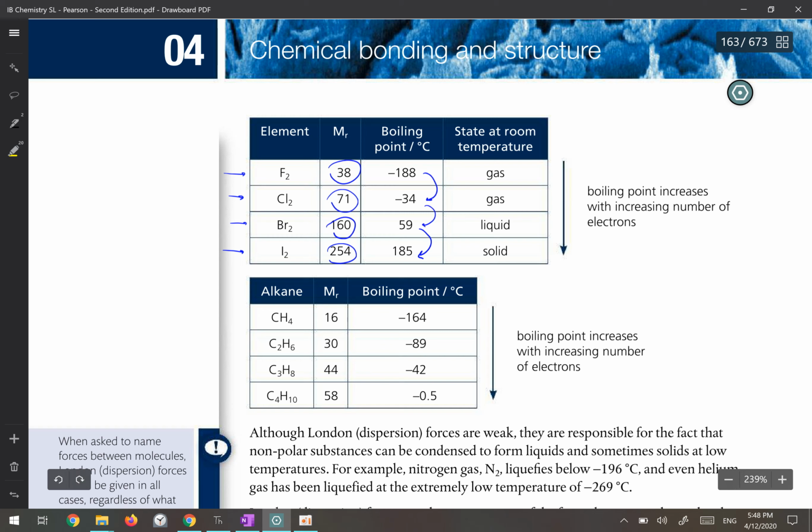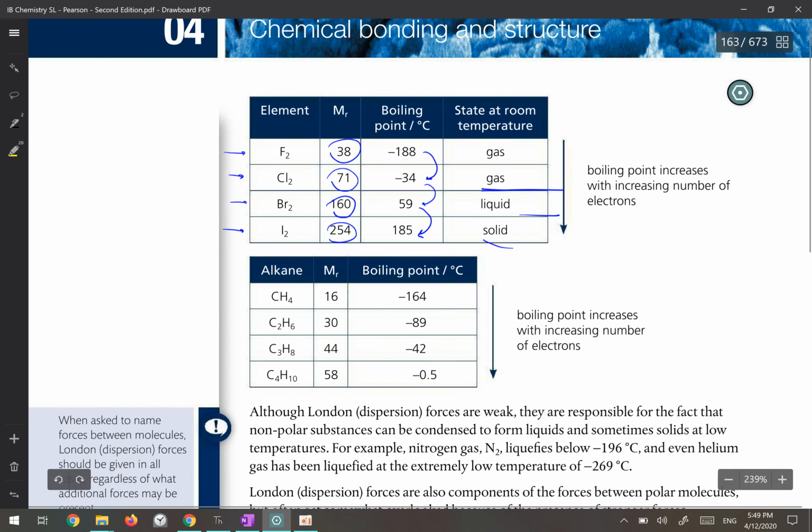So you can see their boiling point increases. This shows that the London dispersion force between these non-polar molecules increases with the size of the molecule. That's why at room temperature, the first two halogens are gas, the next one is liquid, and iodine is solid.